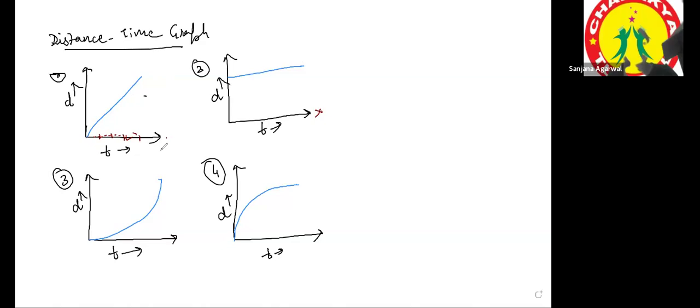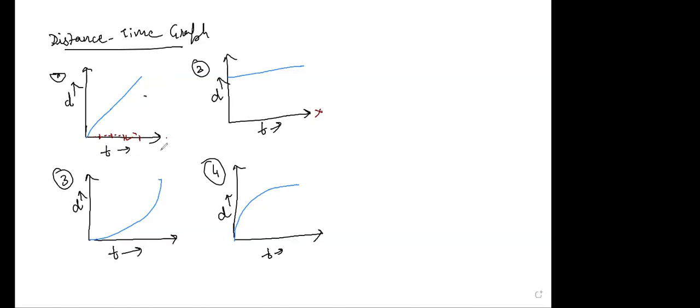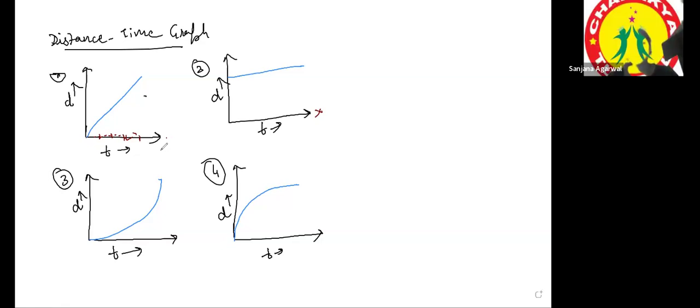Everyone drawn the graphs? Yes, ma'am, one second. Ma'am, what is the second diagram? I'm drawing one here, please wait, I'll explain. Those who are asking about the second one, wait, please.